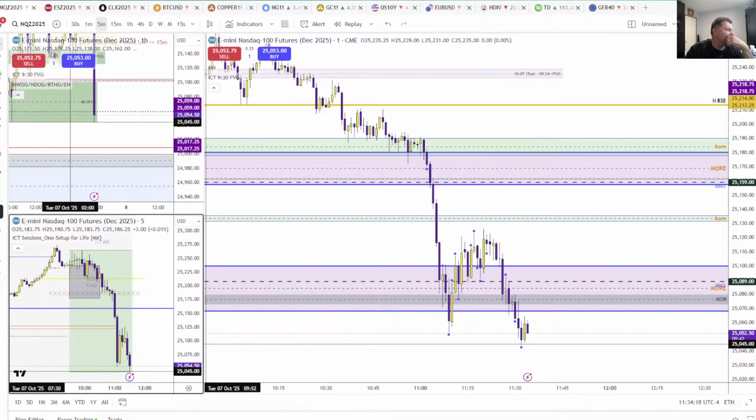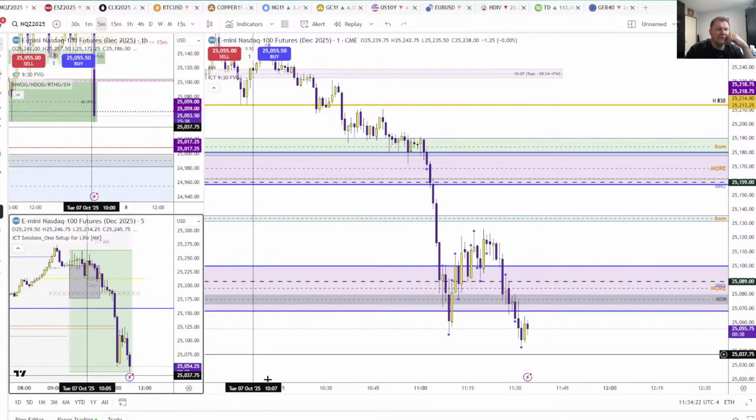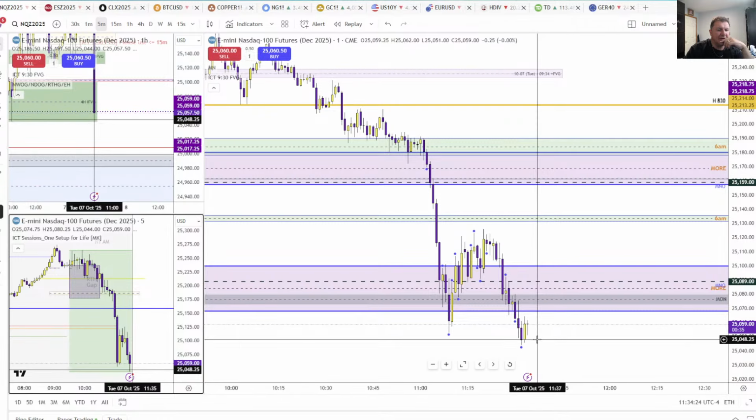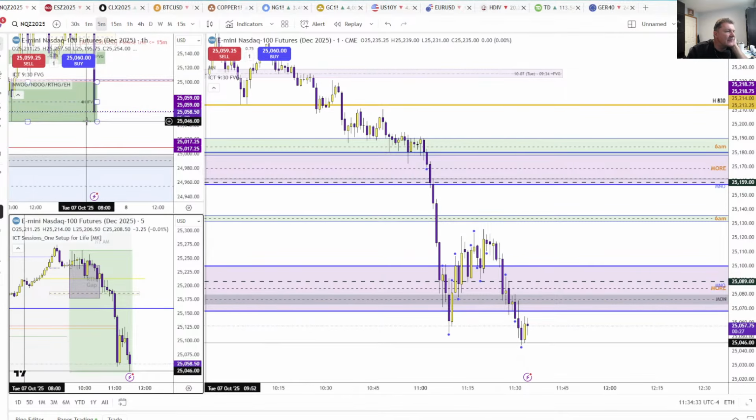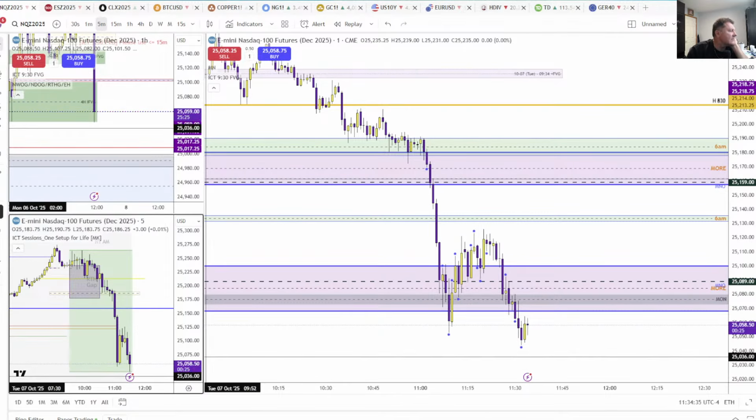So that's box to box inside the hourly range. 0.45 right there is the bottom of the discount box in the hourly. Just so you know, that's the 4-hour one right here and the 1-hour one.